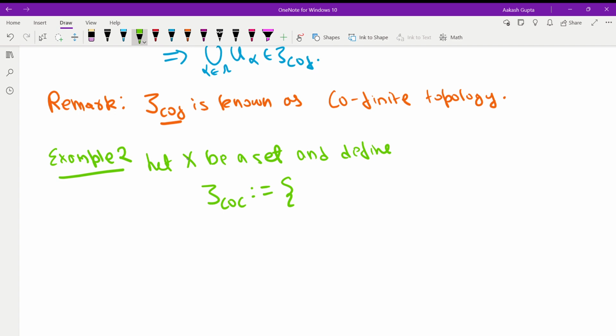This is all U contained in X. First of all, I want phi also here. So all U contained in X such that X minus U is, can you guess? Countable.